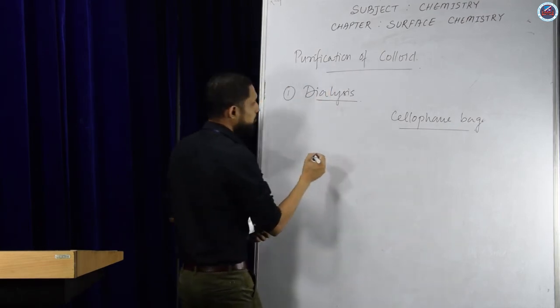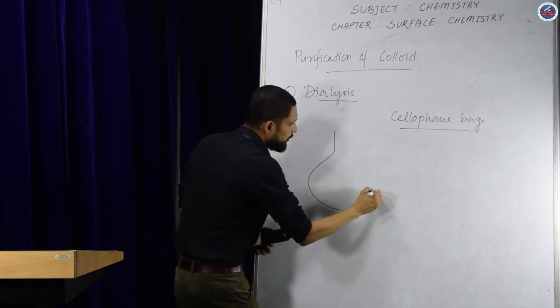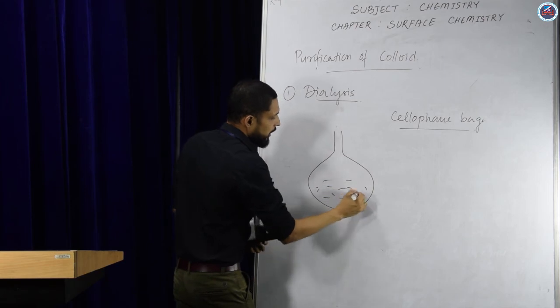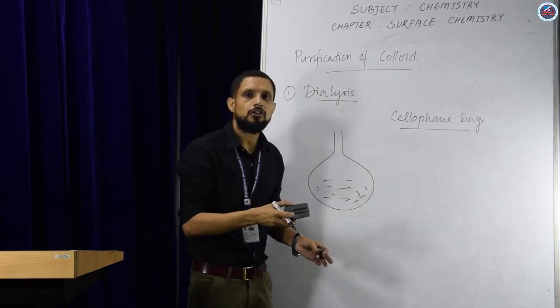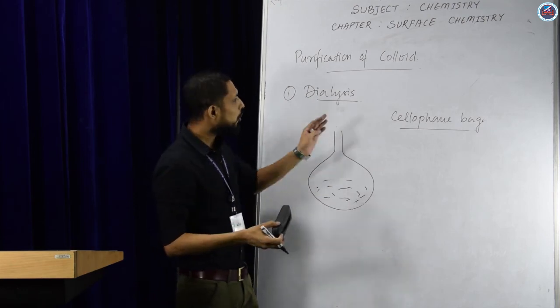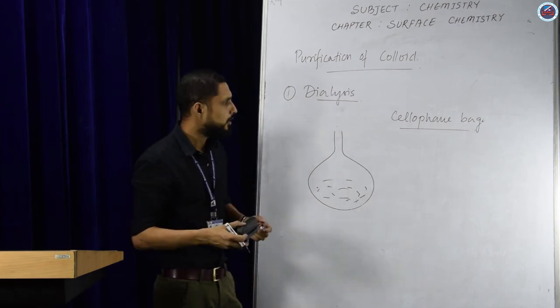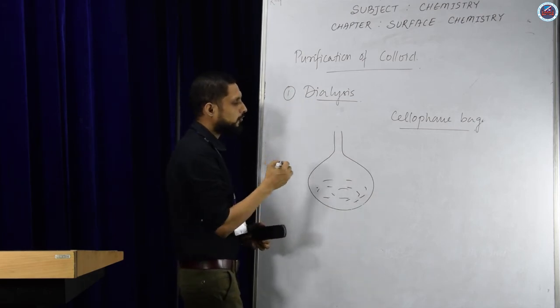So in this method what we do, we take the impure colloid in a cellophane bag. And the property used for the purification of colloid in this method is diffusion. So colloid particles, they don't have this diffusion property. So that's the reason we can use this for the purification of colloid.